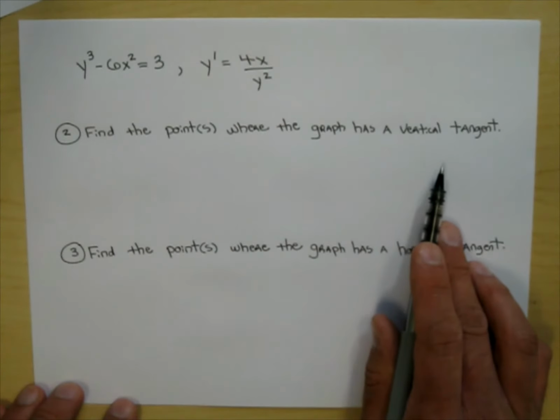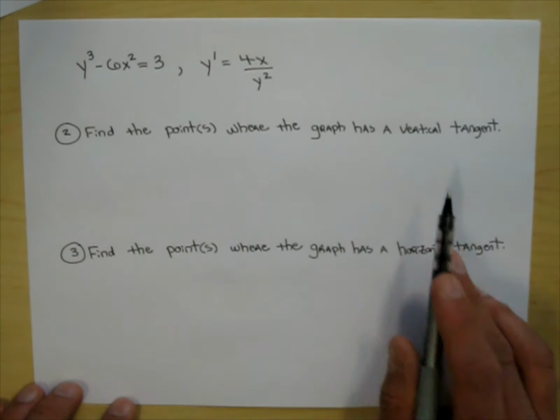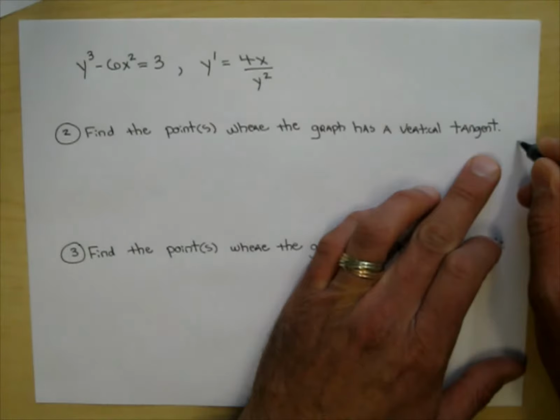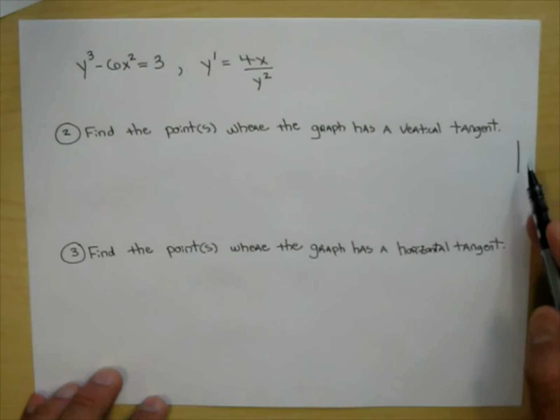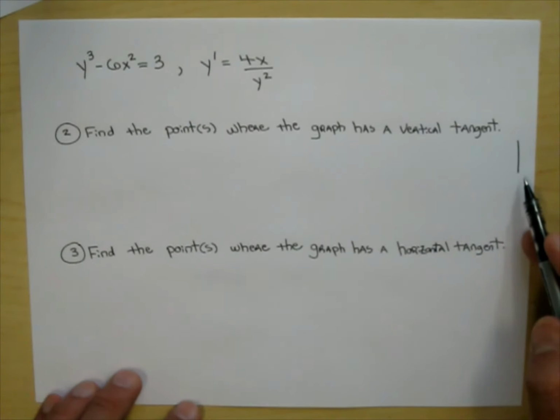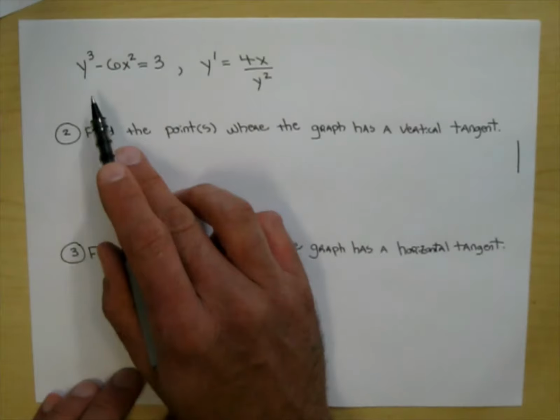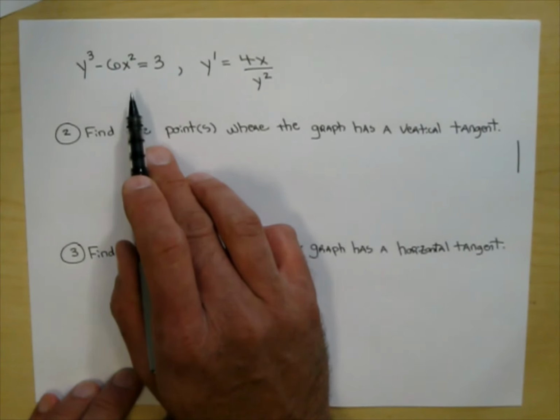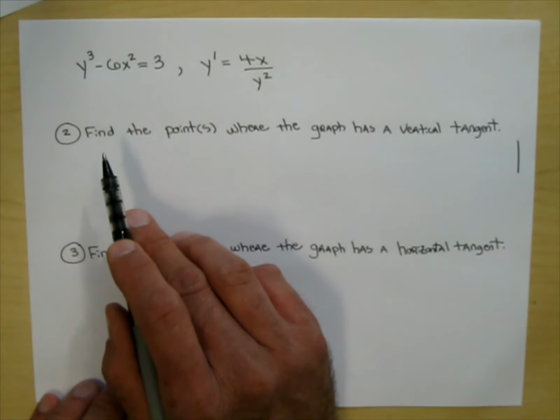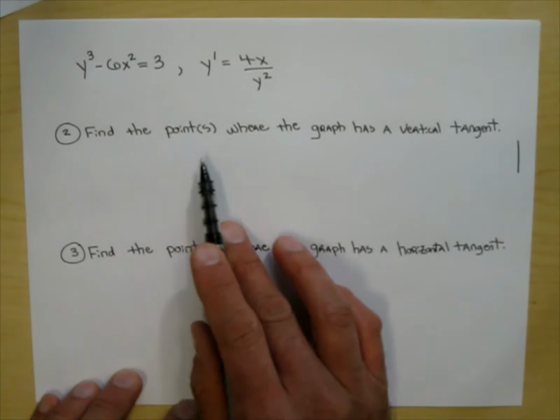So a vertical tangent is a tangent that looks like that. Before we used to say, oh, we don't like that, but now we're going to start getting graphs that, while this one is a function, may not be functions. We talked about differentiability at a point and vertical tangents, but let's just do this anyway.